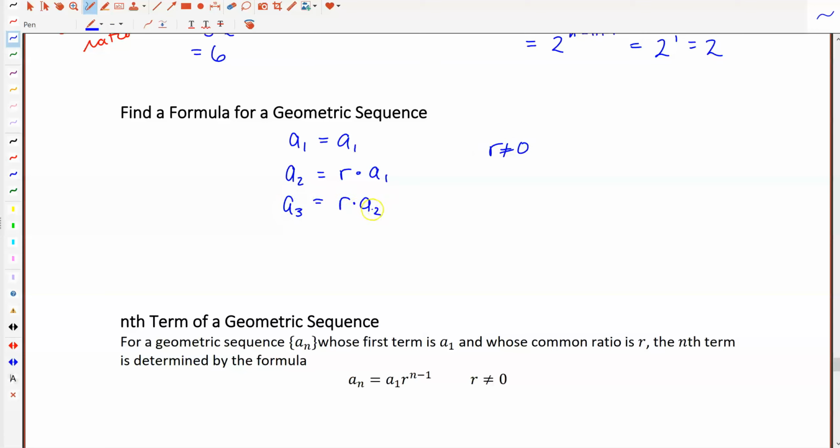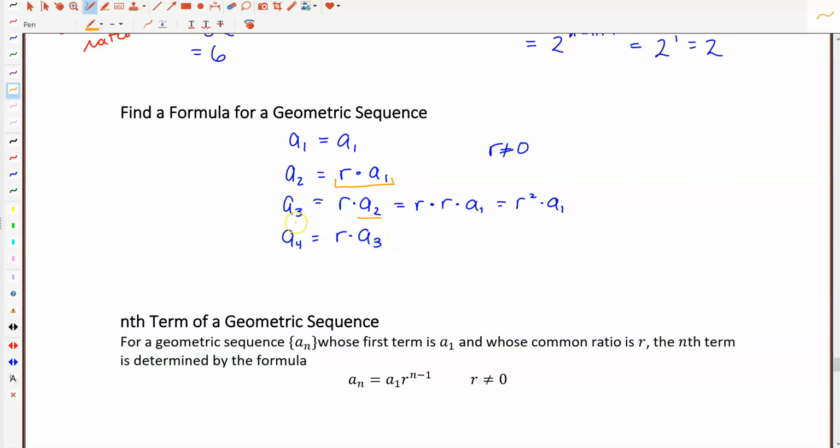Just take the previous term and multiply it by r. But a sub 2 is equivalent to r times a sub 1. r times r is the same thing as r squared. So I get here r squared times a sub 1. A sub 4 is equal to r times a sub 3.